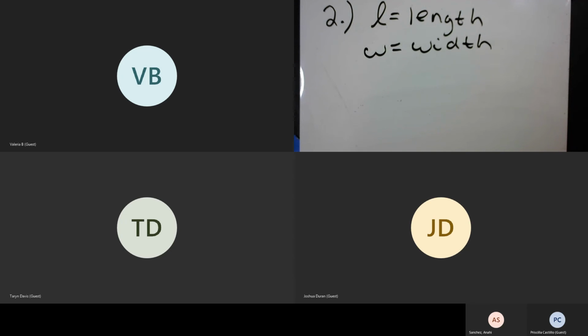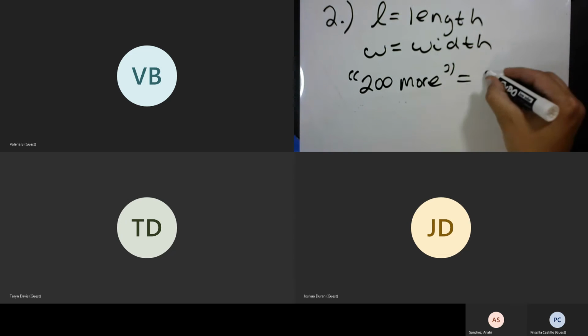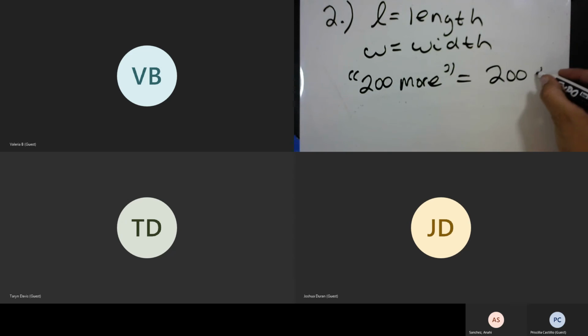We're told that the length is 200 more than the width. Now, 200 more, that's one of those phrases that we saw earlier, where 200 more, that's 200 plus something. It means add.